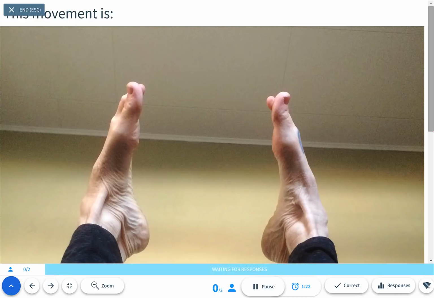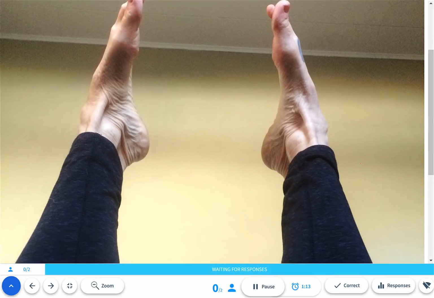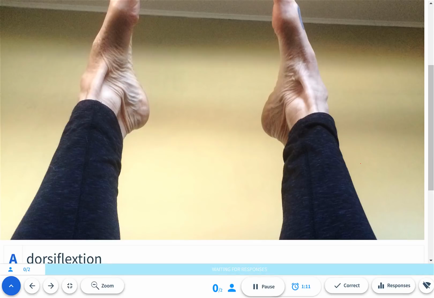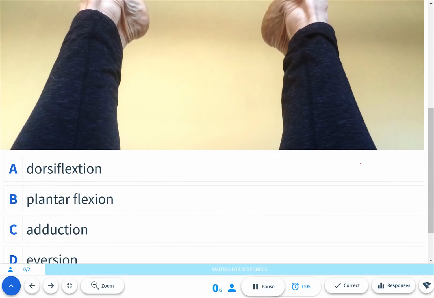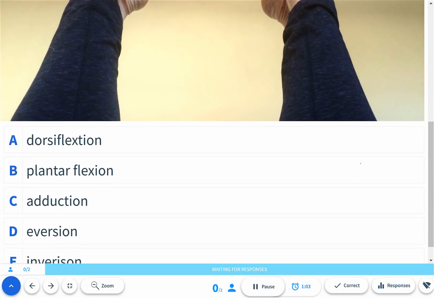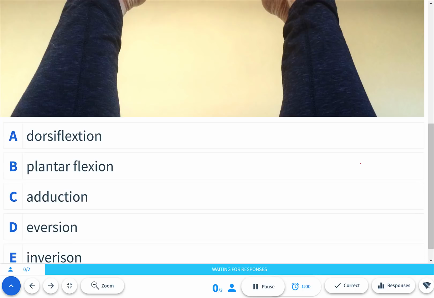Now, this is a kind of virtual lab question. In this movement, you can see here, the sole of the foot is rotated so that it faces inwards. So this movement is not a dorsiflexion. Dorsiflexion is when the dorsum of the foot is elevated.